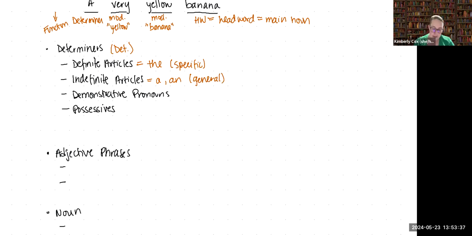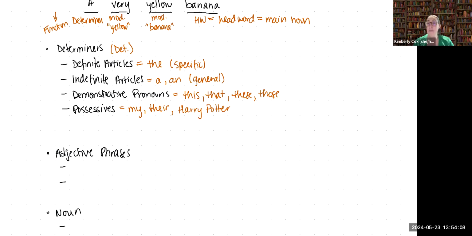Next, we have demonstrative pronouns. So that would be this, that, these, and those, right? So these bananas or those bananas. And then we have possessives, which could be possessive pronouns like my or their, but it could also be possessive proper nouns like Harry Potter's.